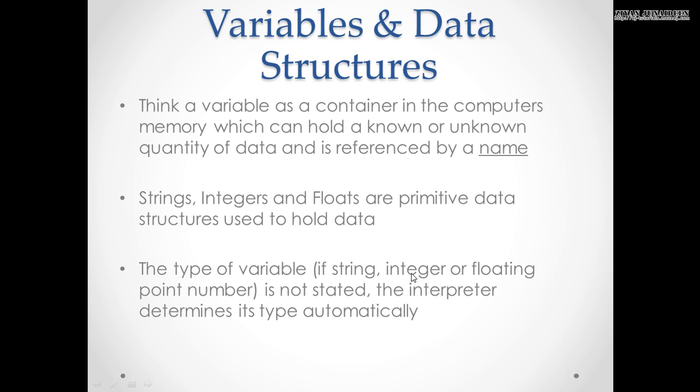There are three primitive types of data in Python: strings, integers, and floats. Strings are a set of characters that can be A to Z, capital or simple, numbers, as well as symbols. Integers are just numbers, like 0 to 9, and floats are numbers with decimal places.